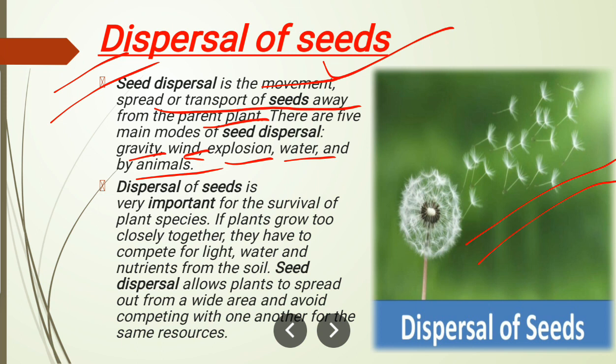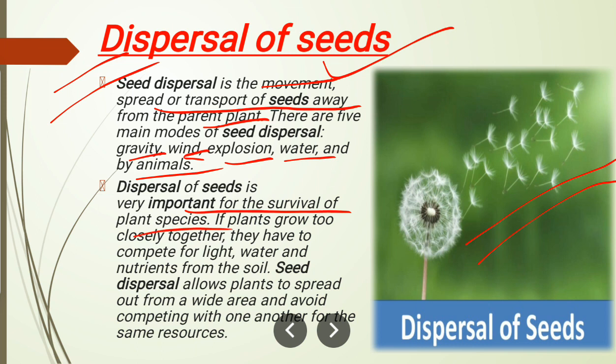Then comes water. Maybe your floods, your rain will help these seeds to disperse easily. Then comes animals as well as plants. There are many seeds which get attached to the back of the animal. They stick with the back of the animal and will fall off a little far from the parent plant. Then comes birds also. Birds feed on these seeds, and finally they poop. Wherever they poop, there will be a new plant. Dispersal of seed is very important for the survival of plant species.